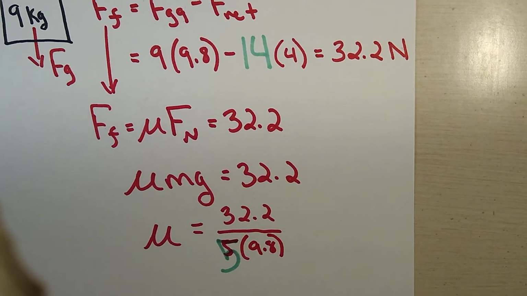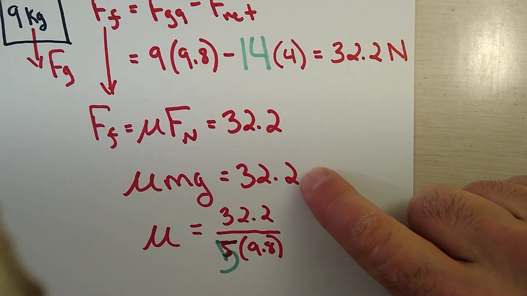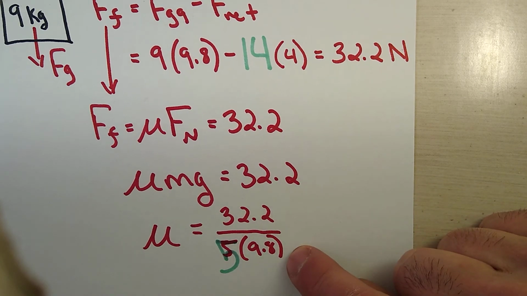Just doing some algebra, rearranging for the coefficient of friction. It is the frictional force divided by the normal force of that 5 kilogram mass.